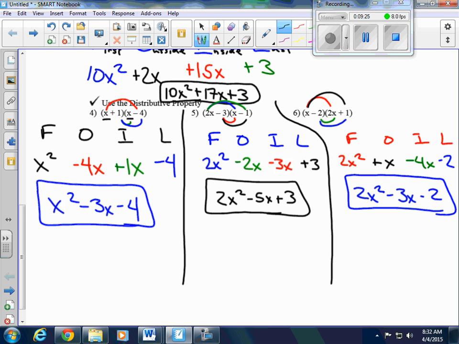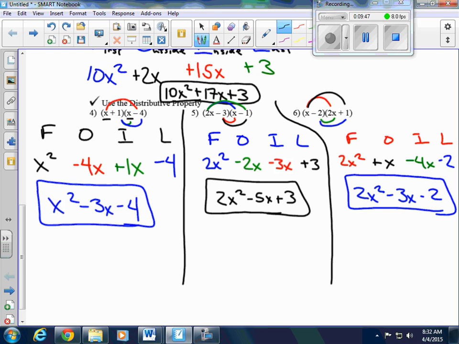O stands for outside, the outside or the outermost term in each polynomial. The I stands for the inside. It's the insidemost term in each polynomial. And then L, it stands for last. That's the last one in each binomial. So again, FOIL method is something that's very, very important.